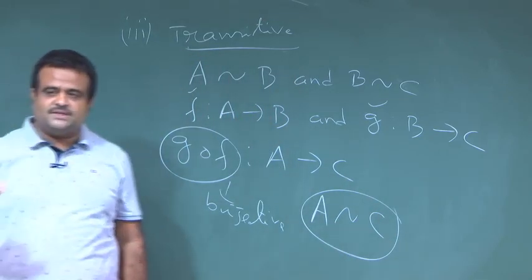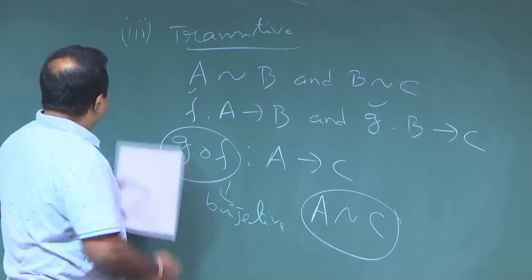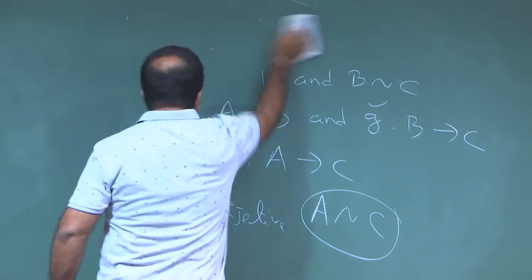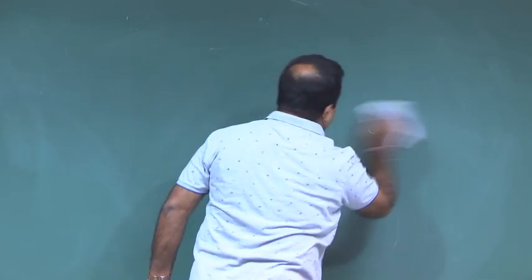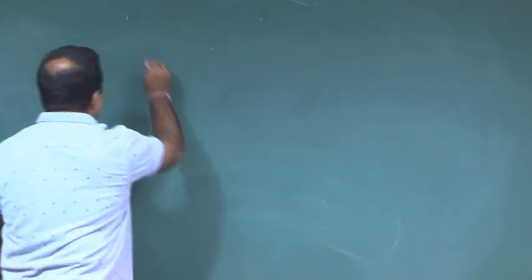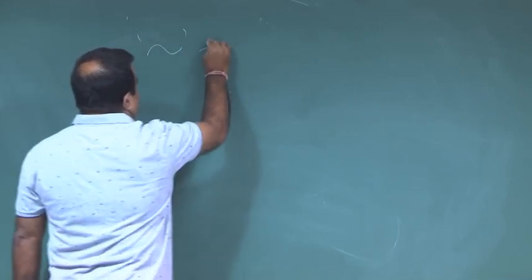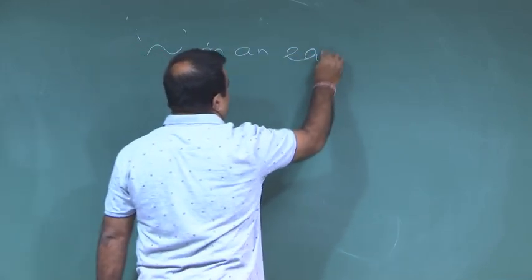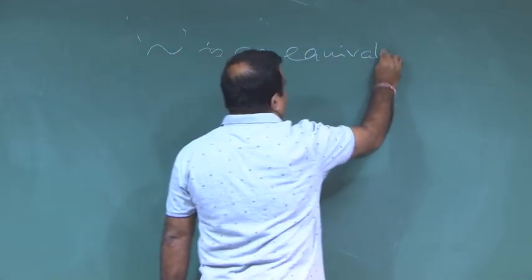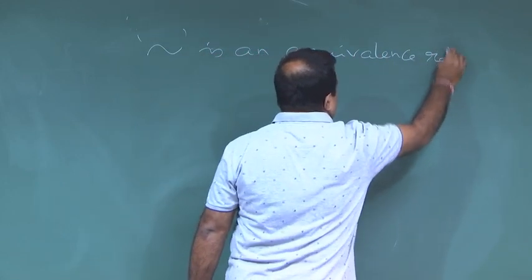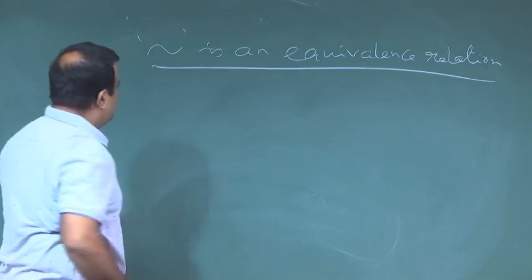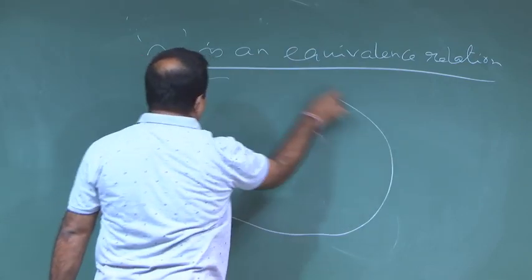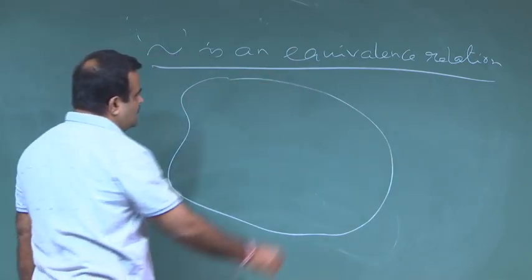So, it is satisfying reflexive, symmetric, and transitive. So, that means equipotent is an equivalence relation. Okay. So, that means it will partition the set of all sets into equivalence classes.